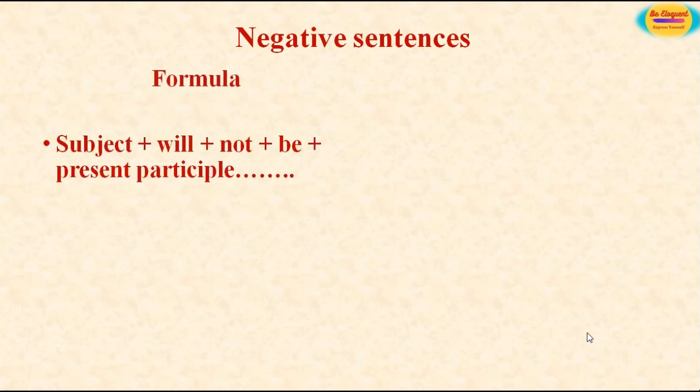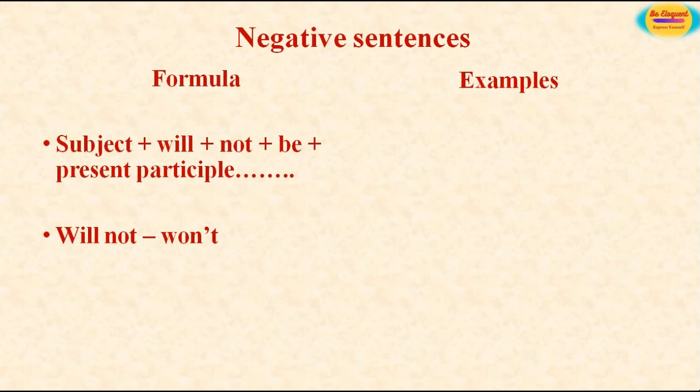To make future continuous tense in negative form, use this formula: subject followed by will and not, and be plus present participle. Will not becomes won't in contracted form.